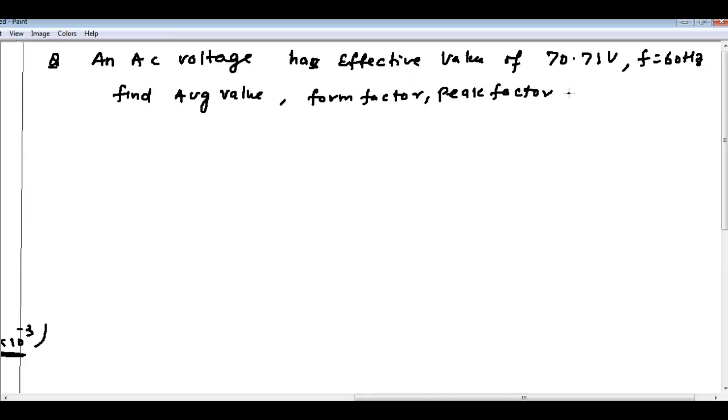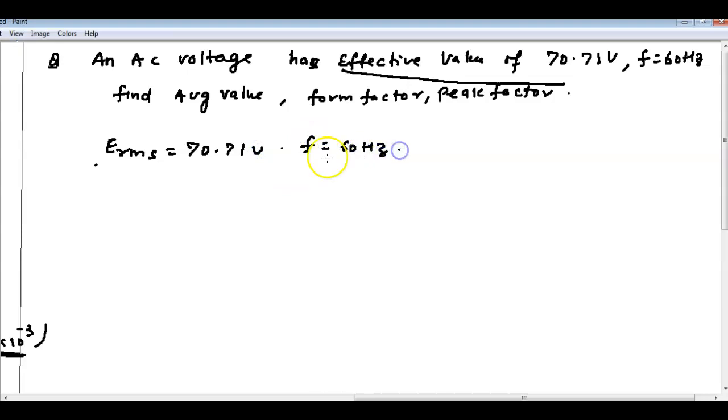Whatever current equations we got, the same thing applies for the voltage also, right? So effective value of voltage means E RMS, which is given as 17.71 volt, and frequency is 60 hertz. So you can find the average value. First you can find the Em value.